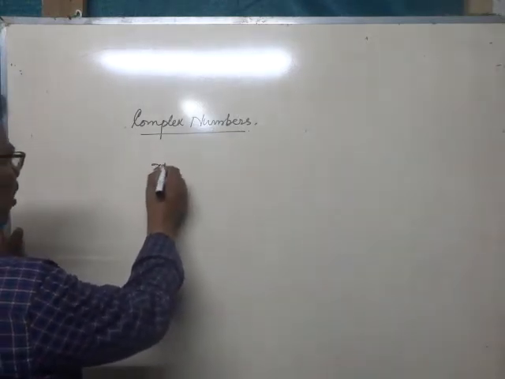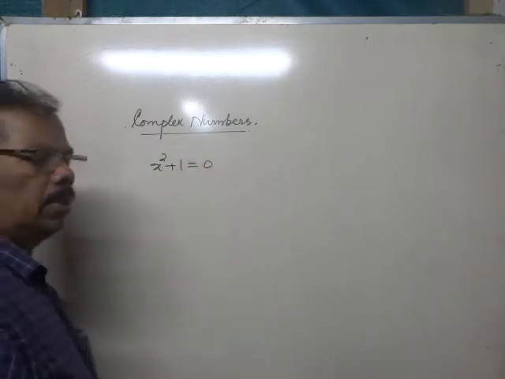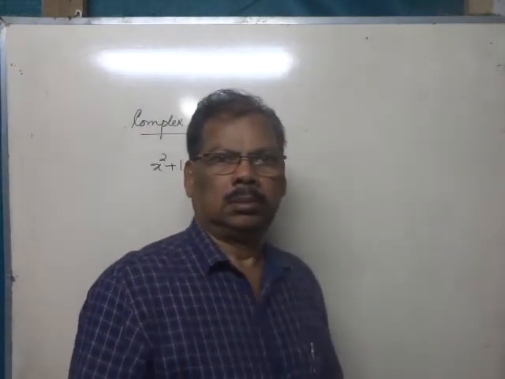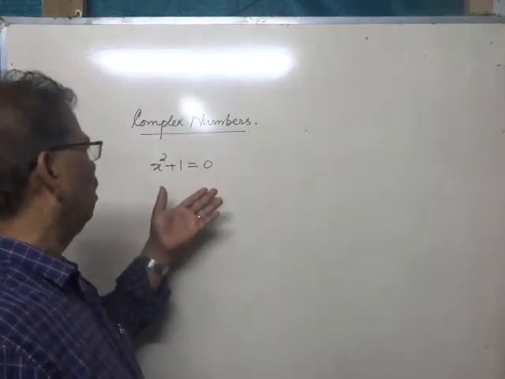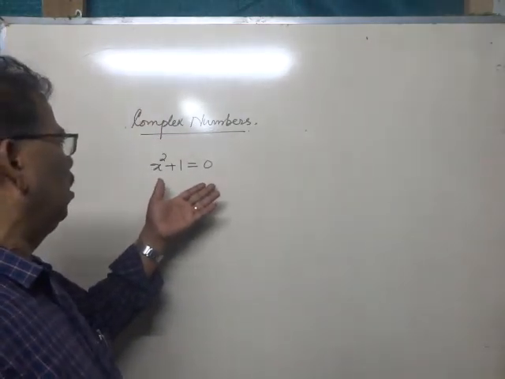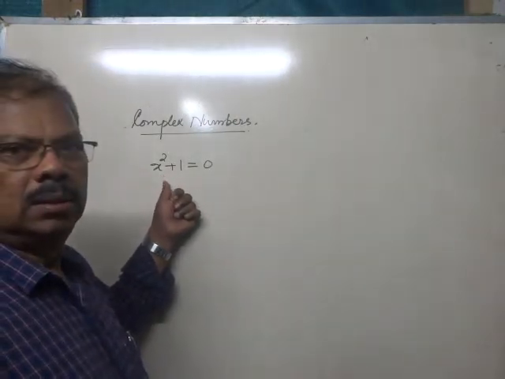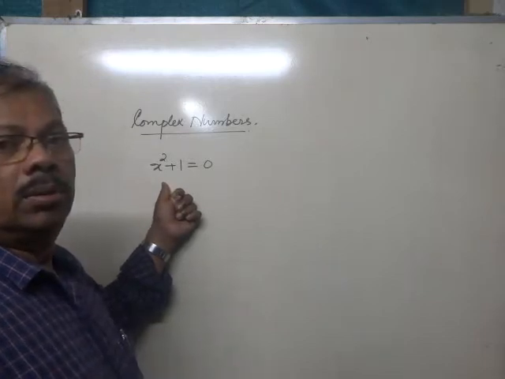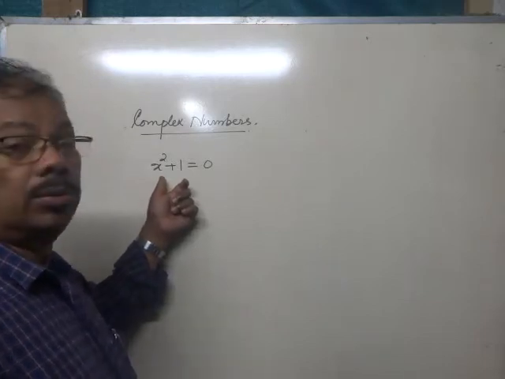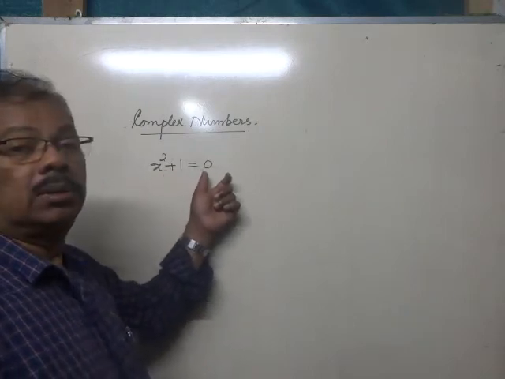Think of this equation: x square plus 1 equals 0. What is that x for which, when 1 is added to the square of it, the sum is 0?